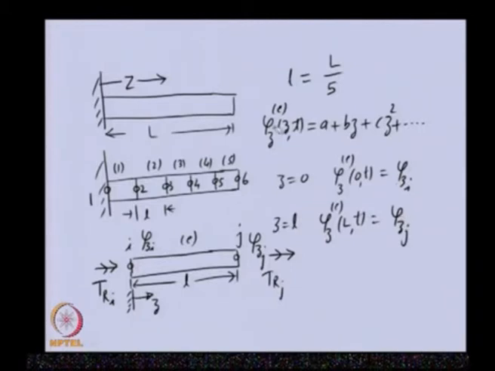So, this particular solution can be written in a more general form like this: phi z element, z t is equal to some functions which are functions of z. There could be several functions.